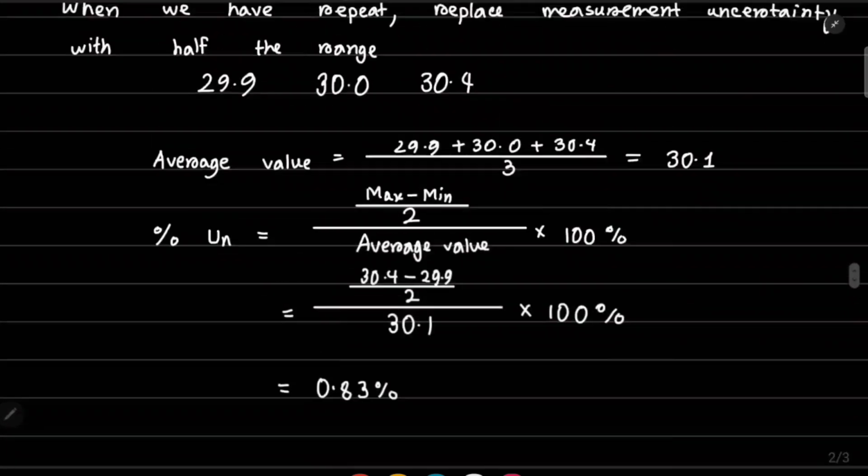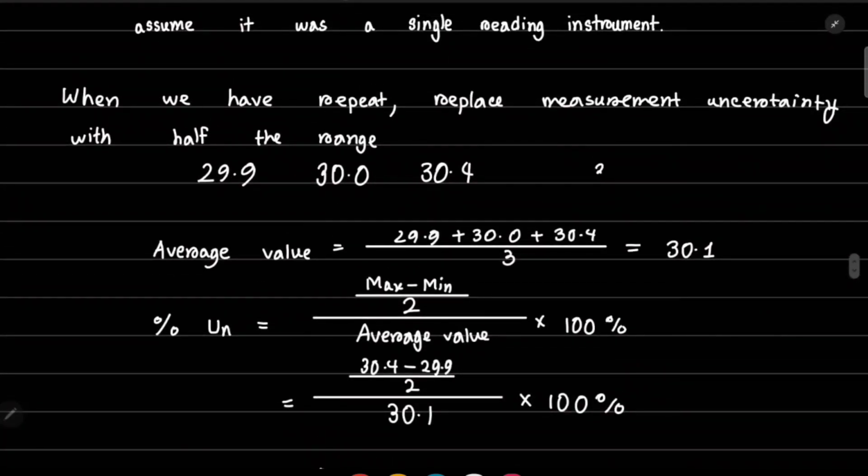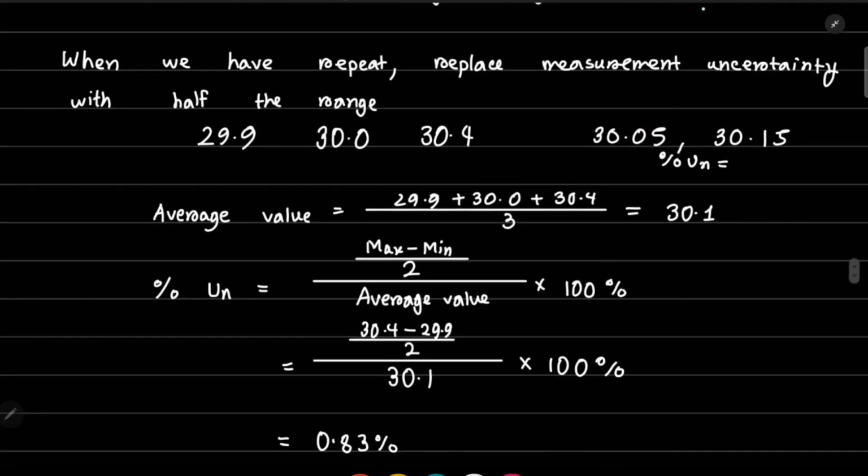So if our values were close together, so 30.05, 30.15, values really close, the percentage uncertainty we'll get from this formula will be very small.